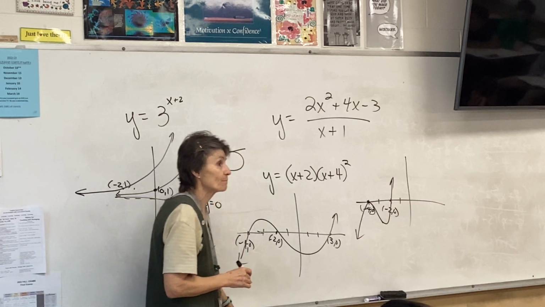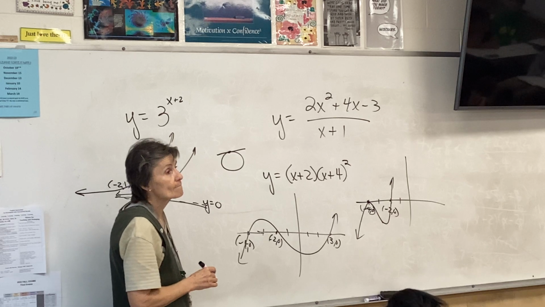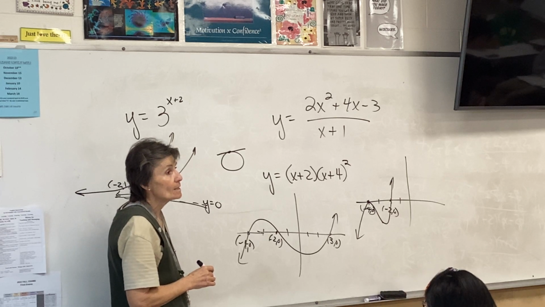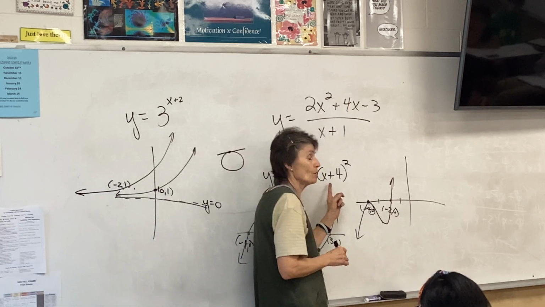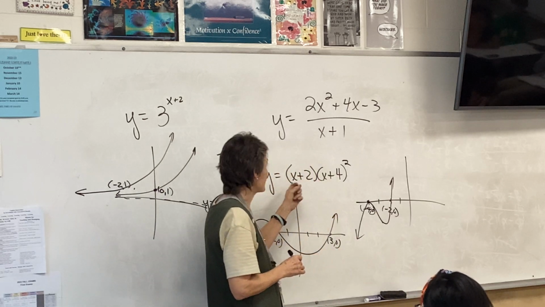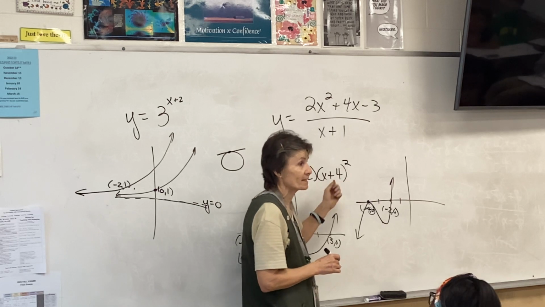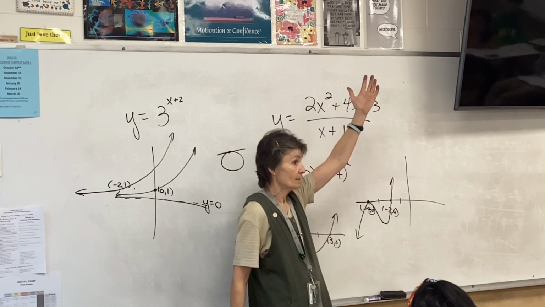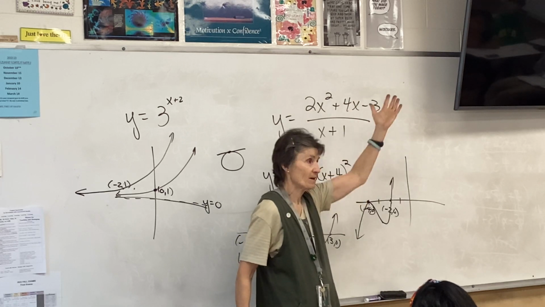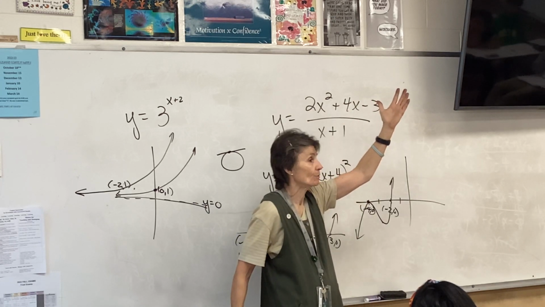How do you know if it starts at the bottom and ends at the top? What the degree of the polynomial is. The highest one? No, the total degree. So if I FOILed all this out, it would be x cubed. X cubes start down and end up, all odds. X to the fifth, x to the seventh, that's how odds do.